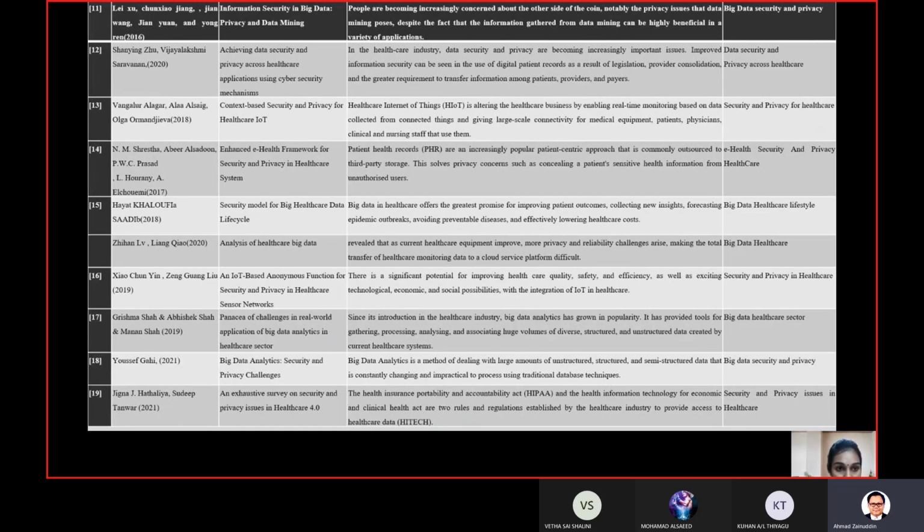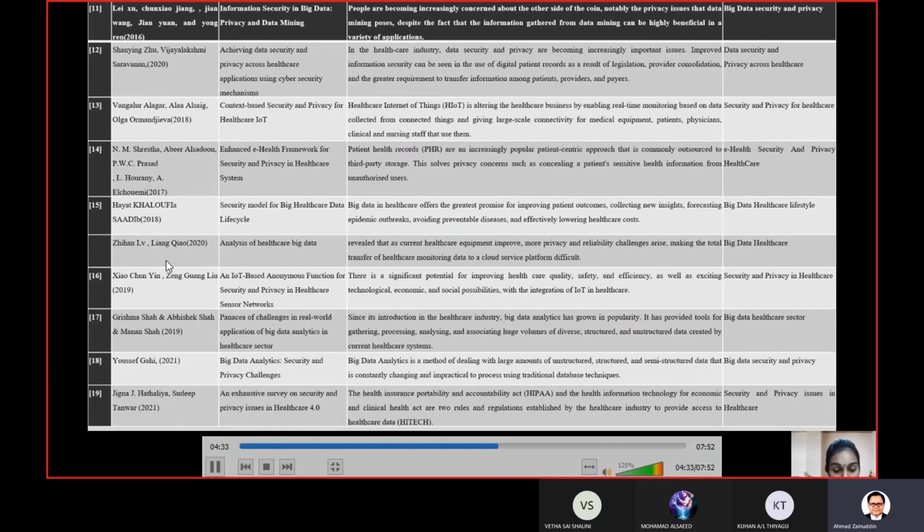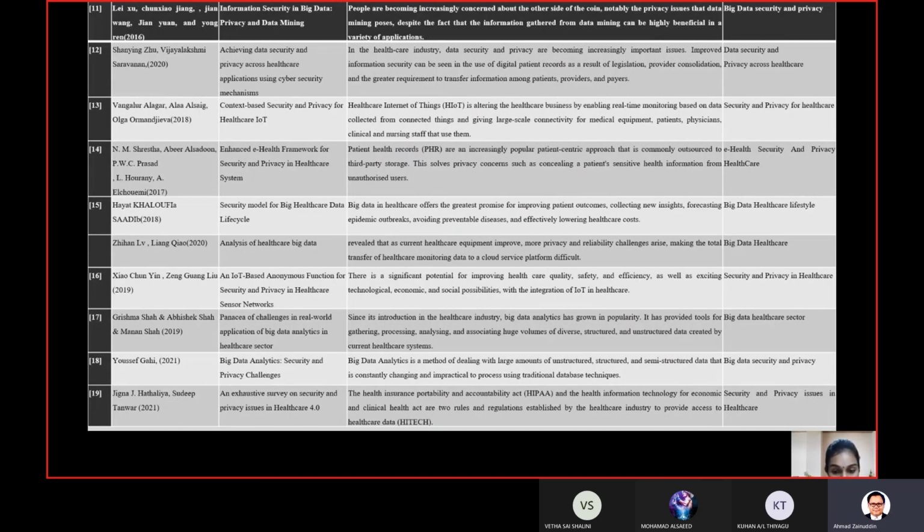Next is the analysis of healthcare in big data. The advance of internet technology useful for big data analysis has slowly reached the medical industry, and it has helped gather a huge number of electronic medical records, hospital information systems, medical imaging, and other data, developed to process medical information clearly.